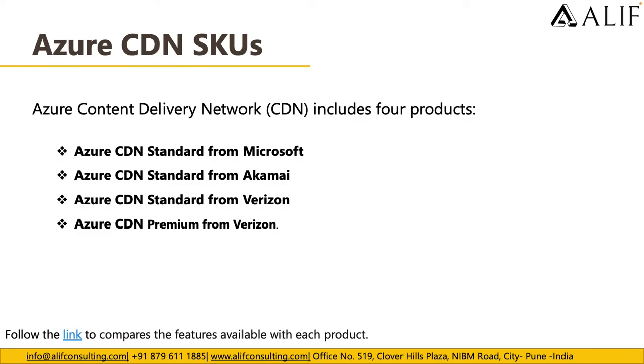Let's say if you need real-time alerting or real-time monitoring, then you need to go for Azure CDN Premium from Verizon. So these kinds of features are compared across all of these four SKUs which are available for the CDN.